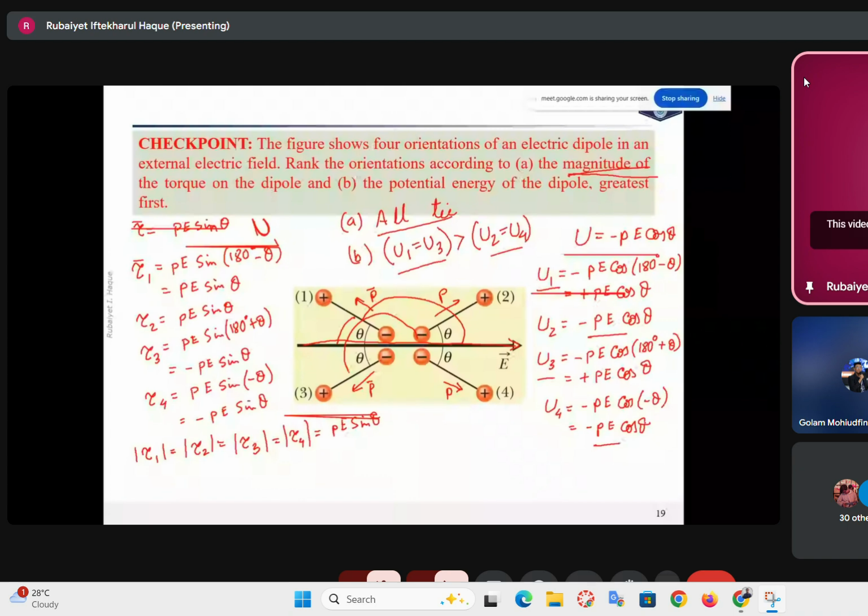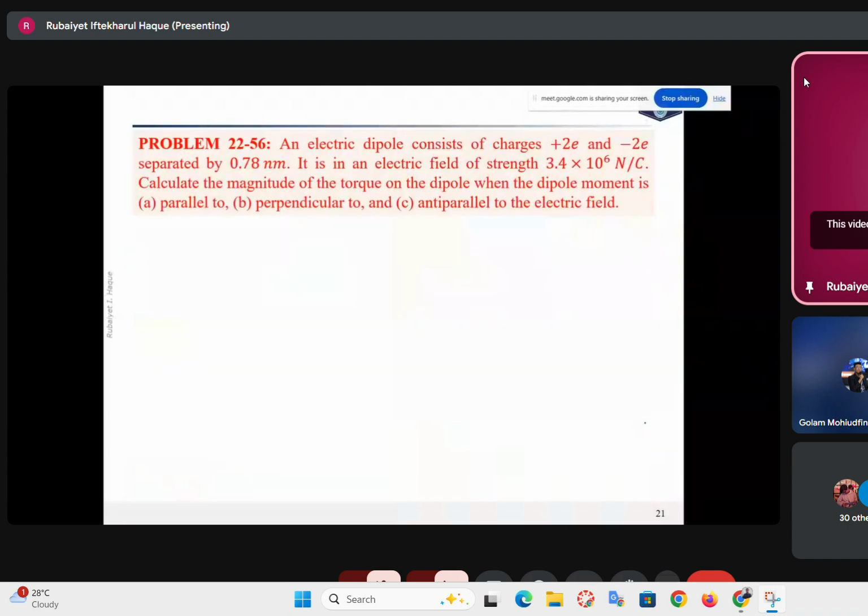So this is how this kind of problem is solved. Now let's do this math and then we are done. We move to the next chapter. This is a simple math, and I already did this one. Let me quickly show you again. You have a dipole with the charge given. So 2n charge, that means positive Q equals negative Q equals 2e.